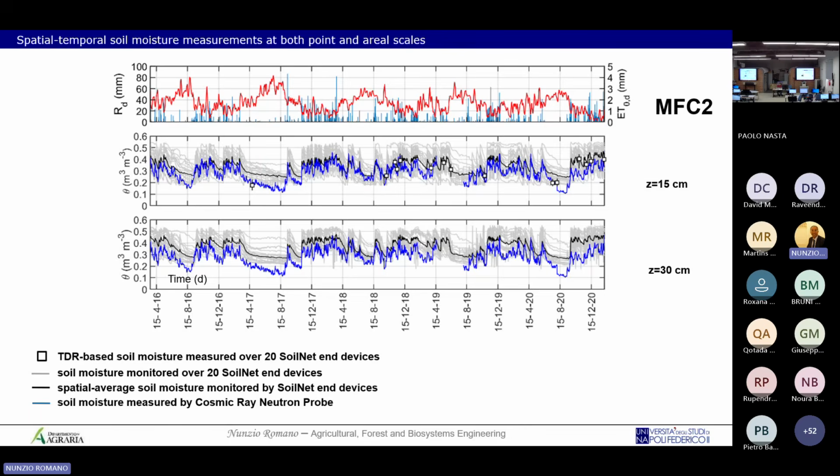We are showing here 4 years of measurement. Of course, there are some failures even in the TDR, but the advantage of having continuous measurement is that you can get the fluctuation, and this is especially important for Mediterranean areas because of the seasonality of the climate, not climate change, but the seasonality of climate that is typical of a Mediterranean climate.